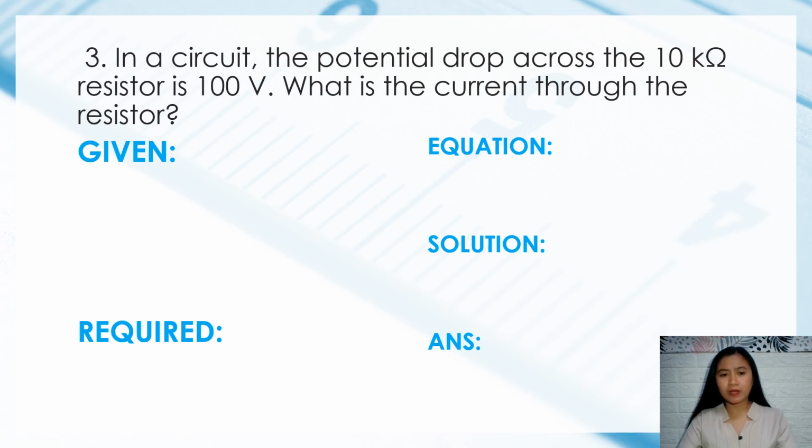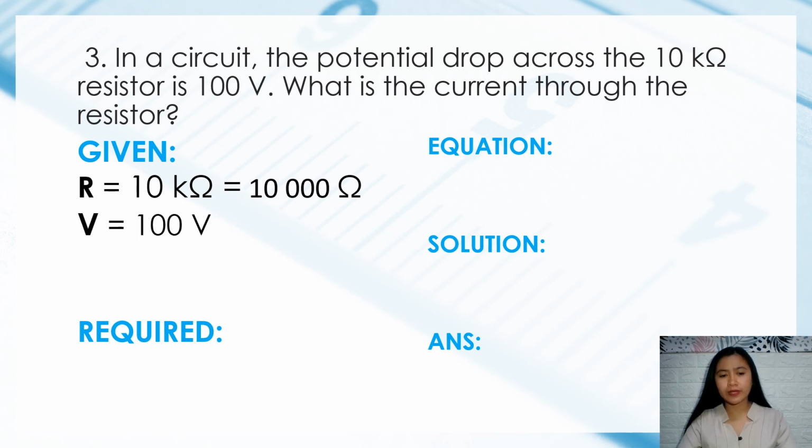For this problem, we have the given R, or the resistance, which is 10 kilo ohms. So let us convert it already to ohms. So it is equivalent to 10,000 ohms. And then we already have the given voltage, which is 100 volts.